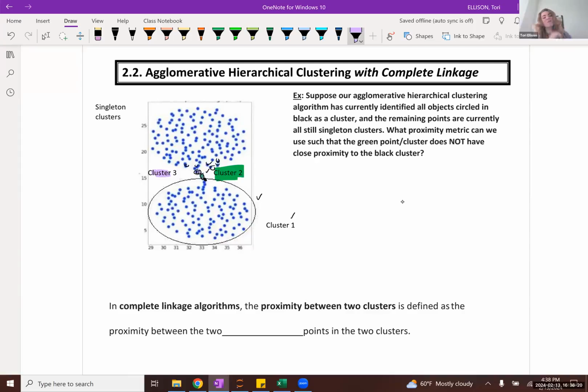What way can we measure the distance between two clusters such that cluster 3 and cluster 2 are considered closer to each other than cluster 2 and cluster 1?